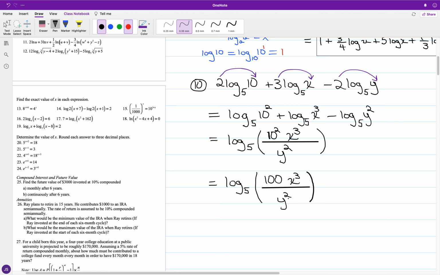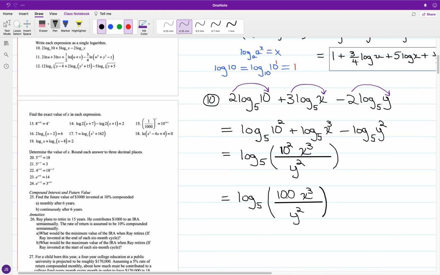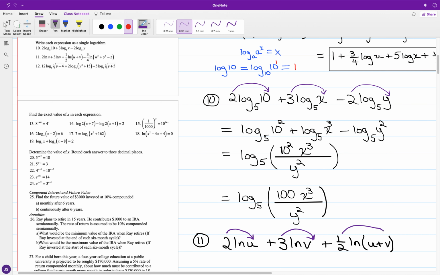Now for number 11, we have expressions in the variables u and v. The leadoff term is 2 times the natural logarithm of u, so I can convert the 2 as an exponent. We have plus 3 times the natural logarithm of v, and plus 1/2 the natural logarithm of the sum of u and v, and this 1/2 again is going to be converted to a power.